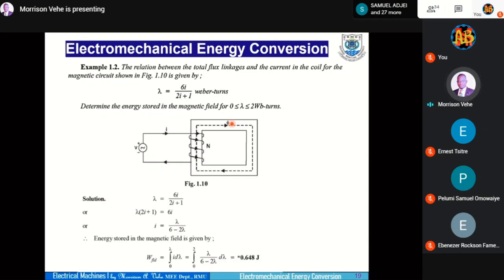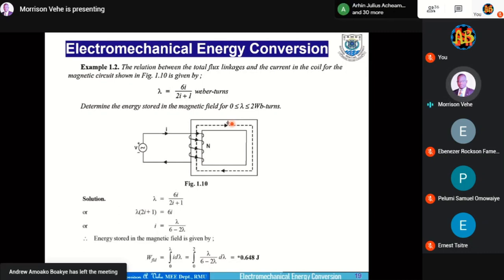Okay, so once this flux is established, we can use the flux to maybe do some work, like in a relay circuit, to cause some further action to take place, so that you can either energize a coil or de-energize a coil by the state of your circuits.